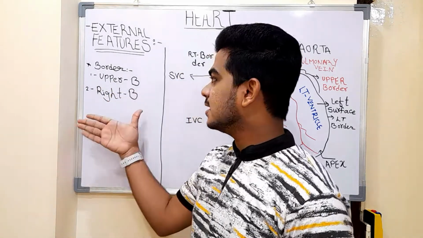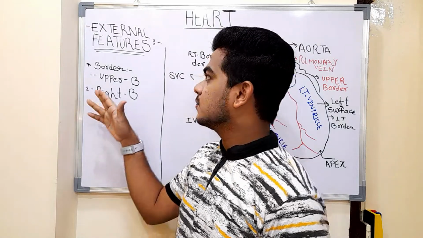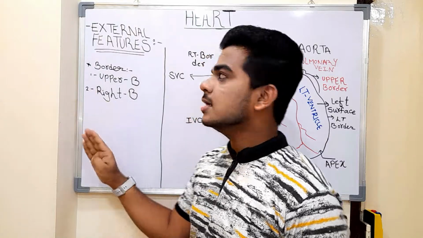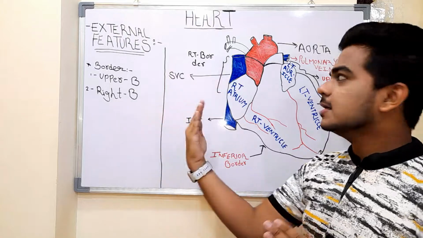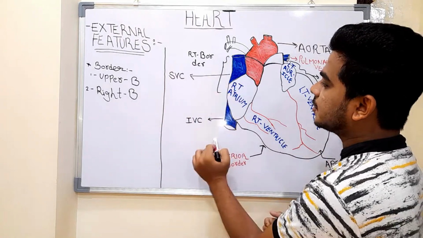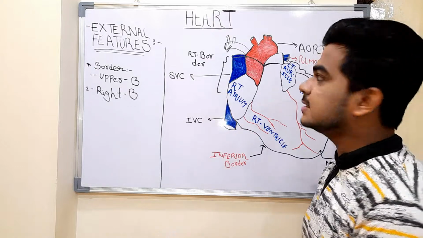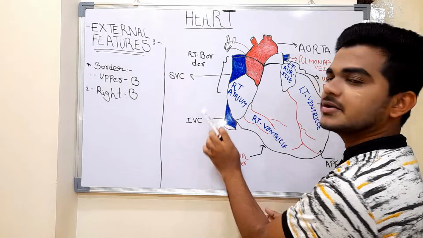So we will see the right border. We already dealt with the upper border. The second border is the right border. This is the structure of the heart, and this is the right side of the heart. On the right side you can easily see the structures present: the superior vena cava, inferior vena cava and the right atrium.